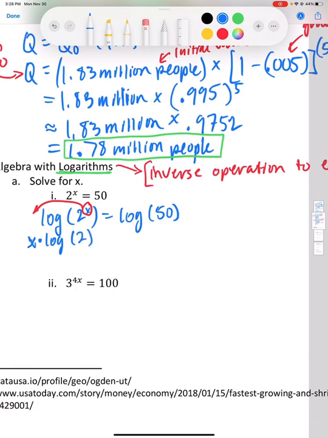So if you have an exponent in a logarithm, it can become a scalar product at the front. Our next step to solve for x is to divide both sides by log 2.